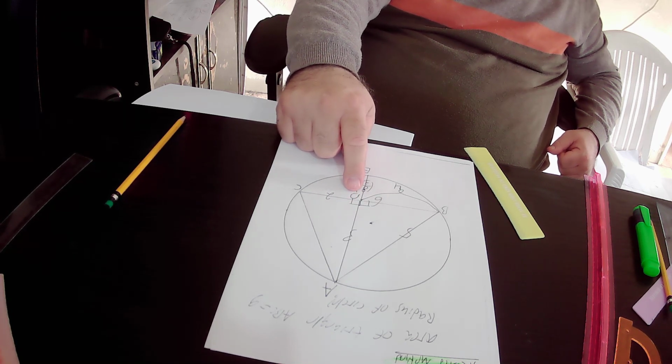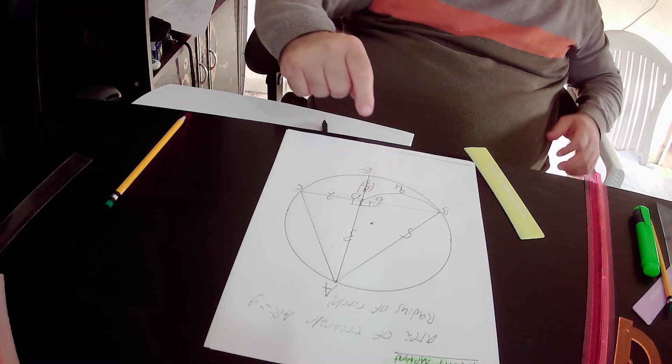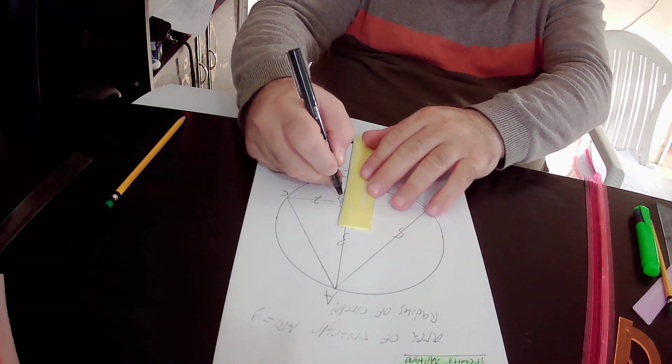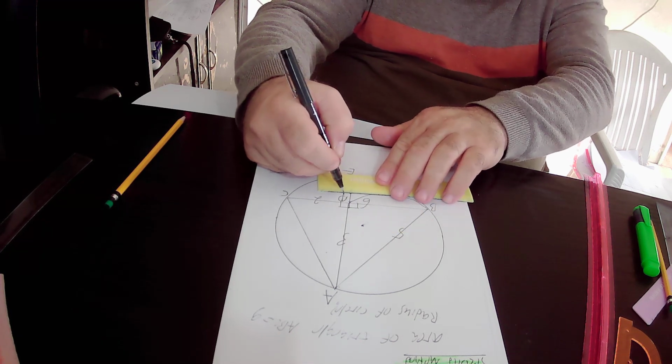So this angle must also equal 90 degrees in order to complete the sum of the angles on this side of the straight line AE to 180 degrees. For that reason, this angle equals 90 degrees.